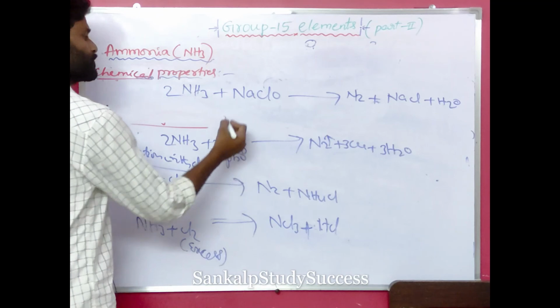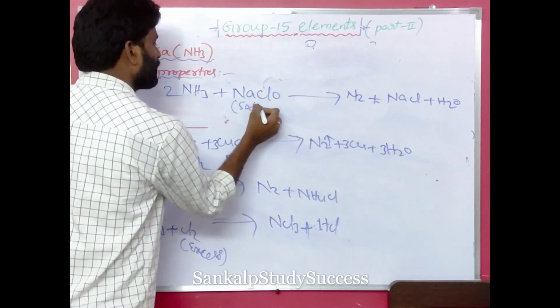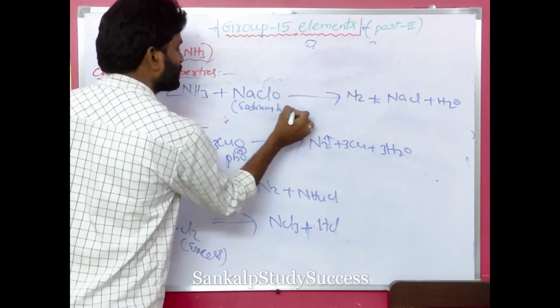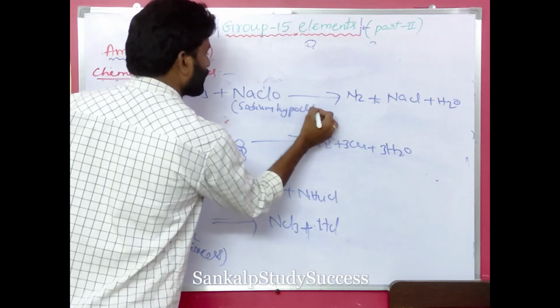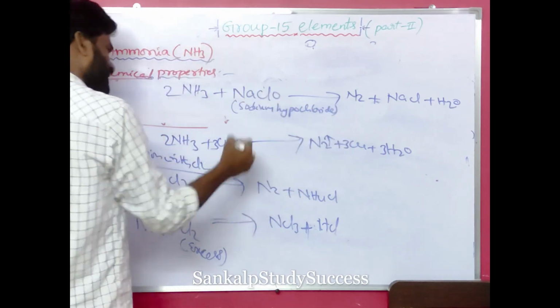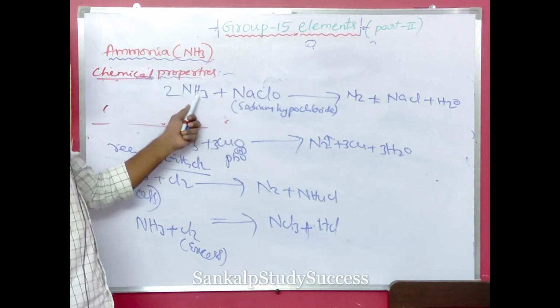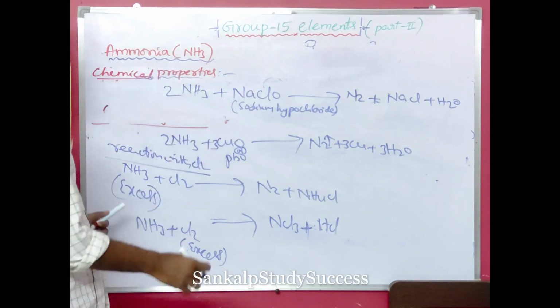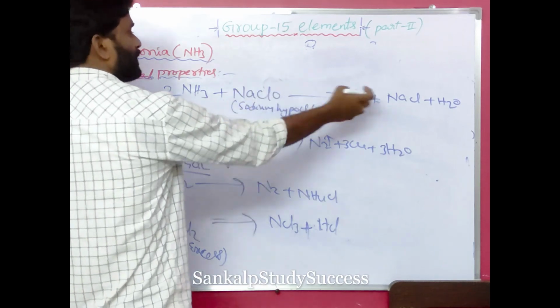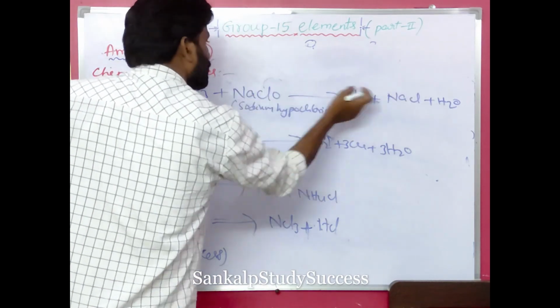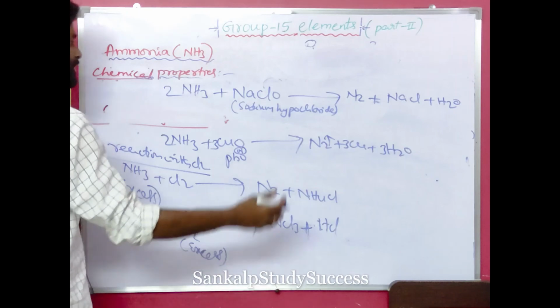This is sodium hypochlorite, so this is the oxidizing hypochlorite. This acts as an oxidizing reagent. Here hydrogen can be removed with oxygen to form water.